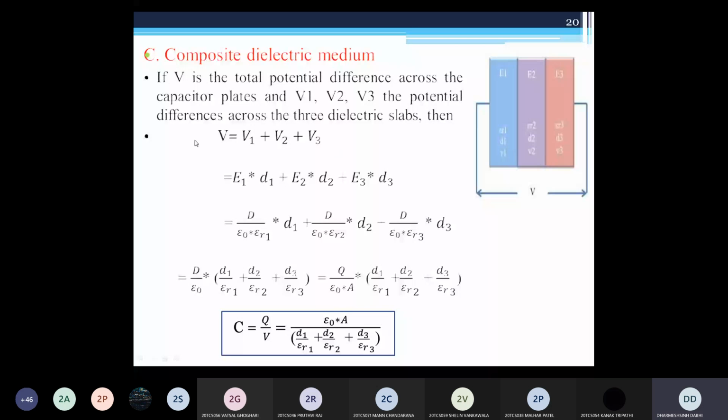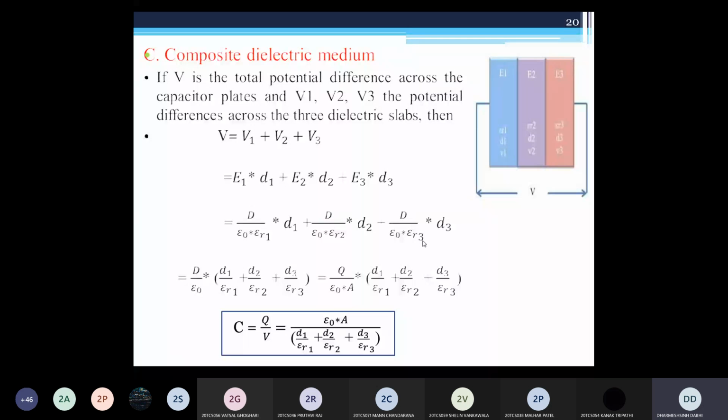So Q by V gives epsilon 0 into A divided by D1 upon epsilon R1 plus D2 upon epsilon R2 plus D3 upon epsilon R3. For three dielectric media, if you require the value of capacitance across these two plates, you can use this equation. All three media have different insulating materials, so they have different relative permittivities, ER1, ER2 and ER3. Clear, all of you?